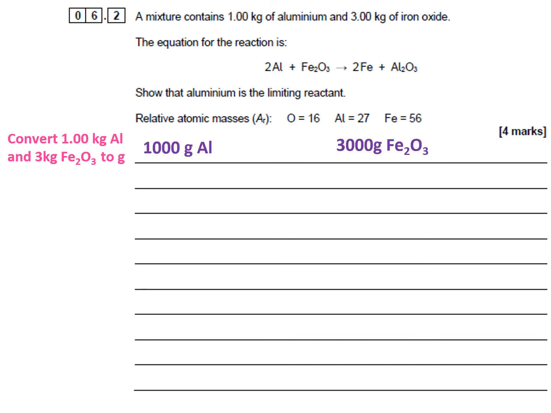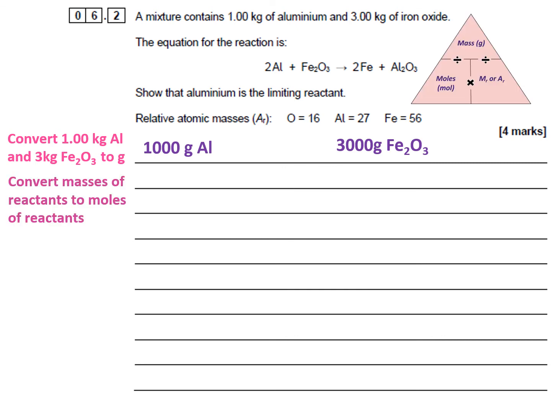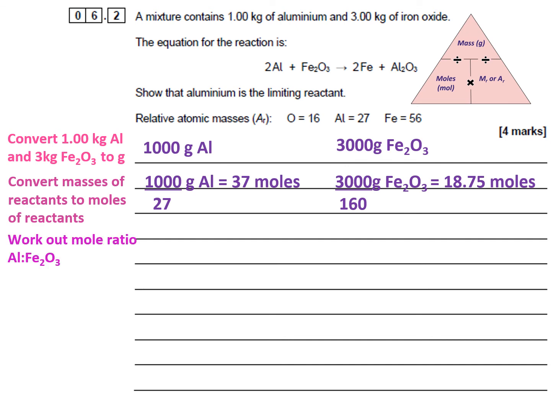So think about 1,000 grams of aluminium, 3,000 grams of iron oxide. Then convert from masses into moles. So we divide 1,000 by 27 and we divide 3,000 by 160 to give us the number of moles present. Now, according to our equation, our mole ratio should be 2 to 1. It states it in the question.